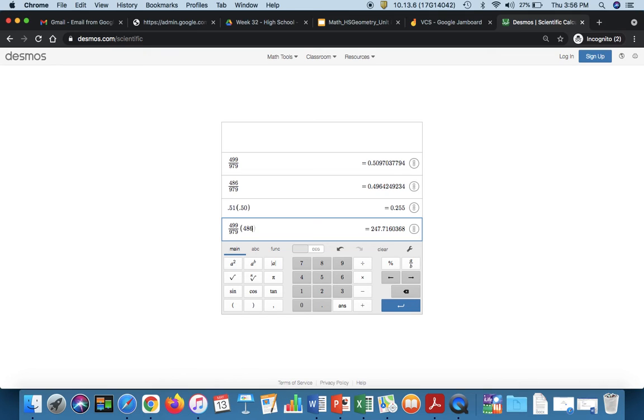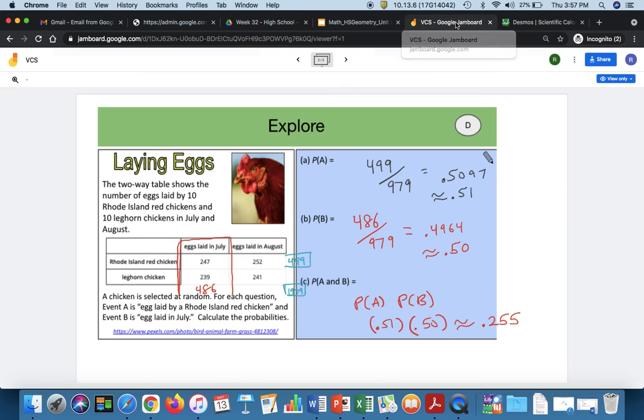What was our error in rounding? I still get approximately 25%, but it's not 0.255. In this case, it's 0.253. So a small error, but we would say that the probability of A and B would be about 0.255. So these are a few samples of how to do the following probability questions given tables, and I hope you found this useful.